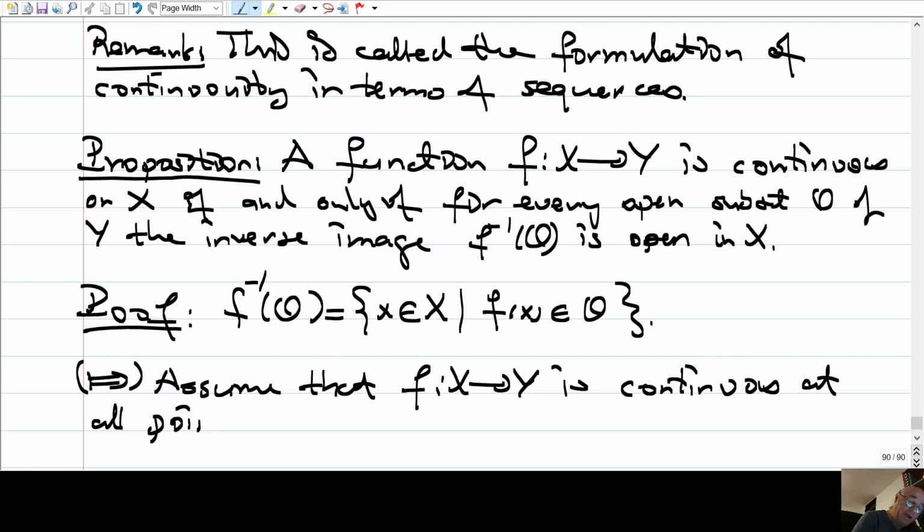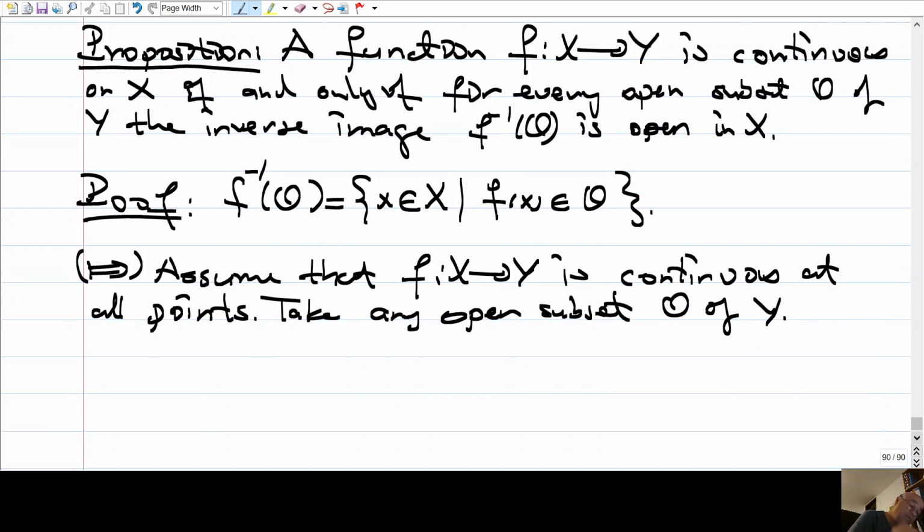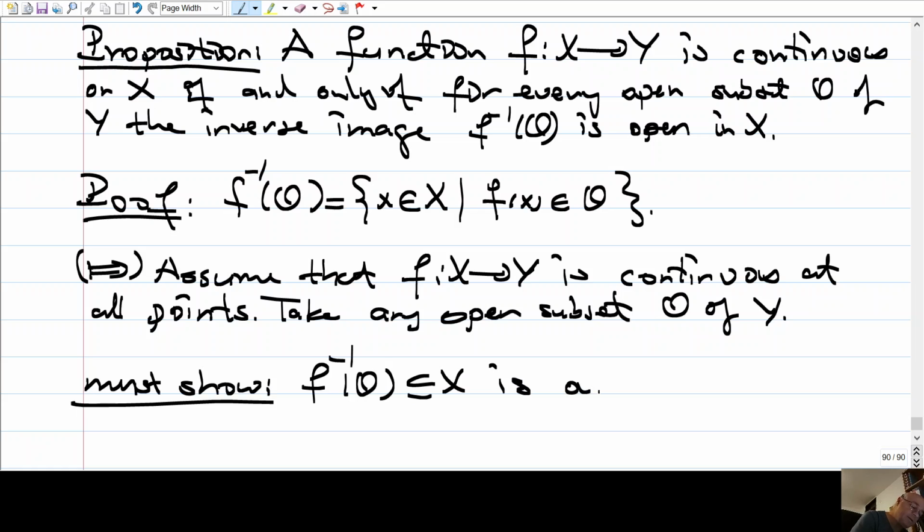Continuous on X means it is continuous at all points. And what I have to do, I have to take any open subset O of Y. We must show f inverse of O is an open subset.